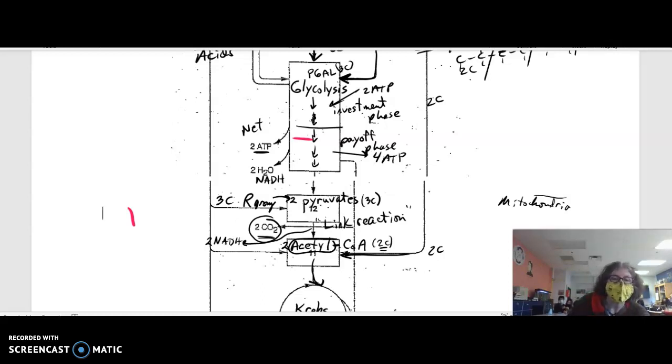If the R group has 2 carbons on it, there's 2 carbons R groups sometimes. If it has 2 carbons, it'll be converted to an acetyl group, just like the 2-carbon fatty acid groups would be.